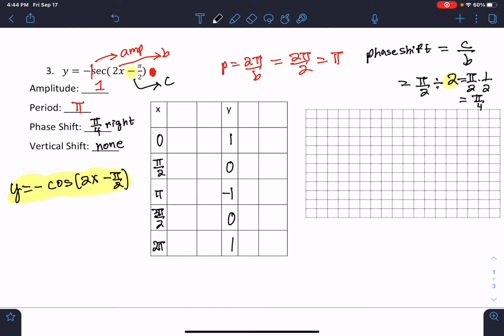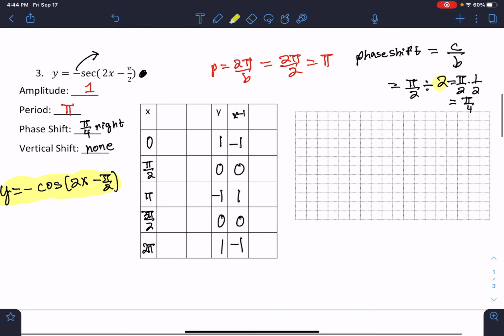So we're doing a couple things to our x and our y values. Let's go ahead and take care of our y values. Let me erase all this. So the only thing that is affecting my y value is this negative sign. So I know I'm going to multiply everything by -1. So this becomes -1, 0, 1, 0, -1.